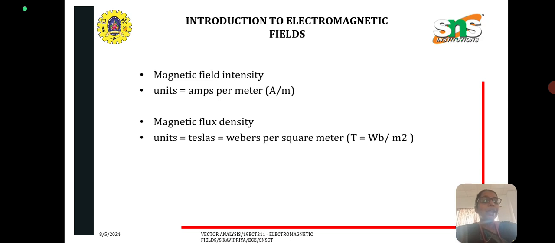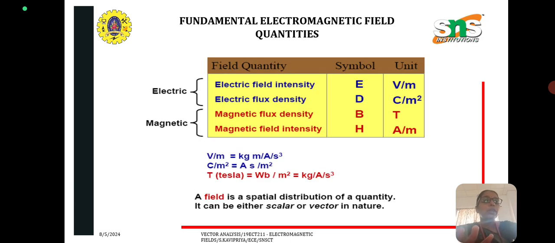Next is the magnetic field intensity, represented as H. The unit is amperes per meter. And magnetic flux density is B. The unit is Tesla or Webers per square meter. So the four fundamental quantities are electric field intensity E, electric flux density D, magnetic flux density B, and magnetic field intensity H.